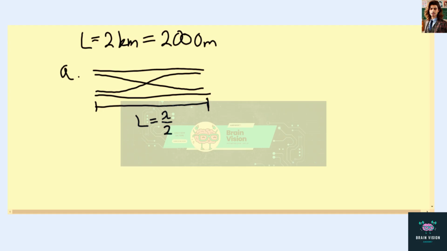So to get the fundamental frequency, we need to say that f is going to be equal to the speed of sound divided by the fundamental wavelength. So we know that the length of the tunnel is equal to half the wavelength.